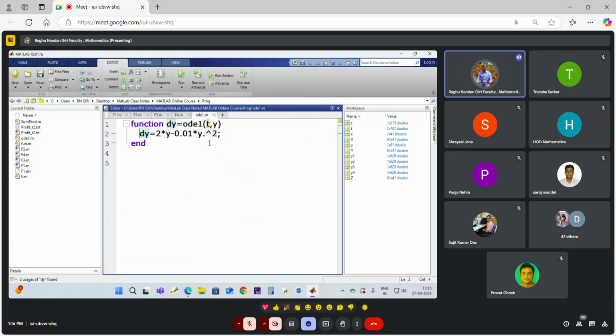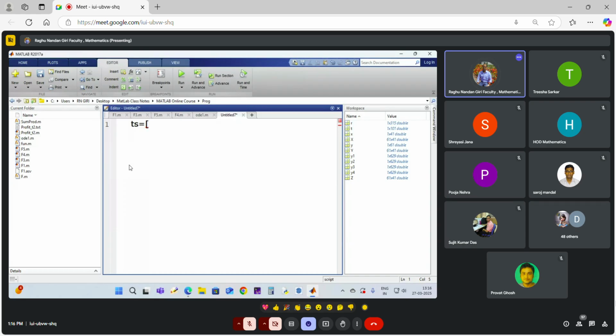Then I have to write the script file for that. For the script file, we have to mention the time span, TS.